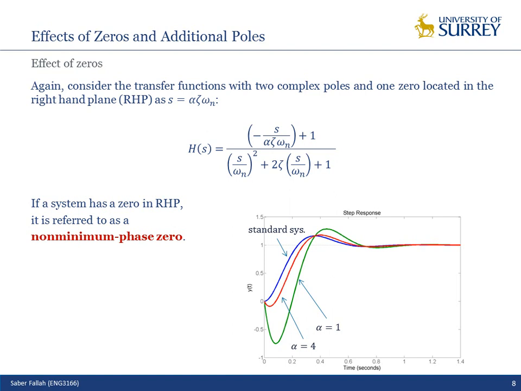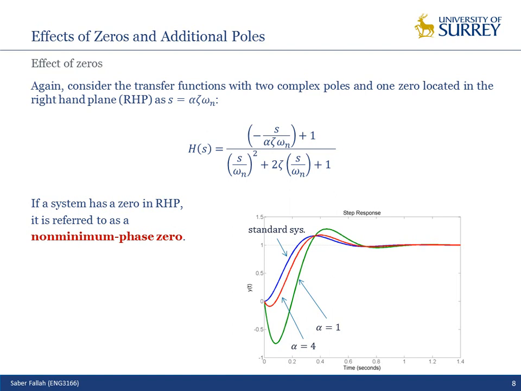Or if you factor out omega n squared, you will have H(s) equals 1 over s squared over omega n squared plus 2 zeta s over omega n plus 1. So both are the transfer function of the standard second order system.